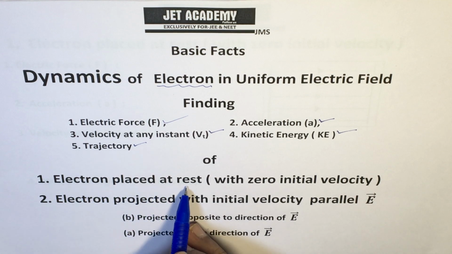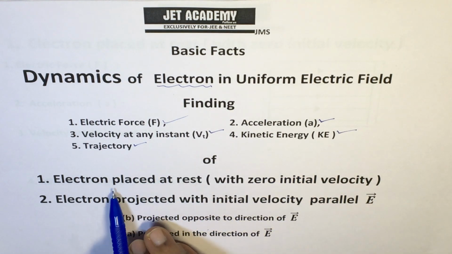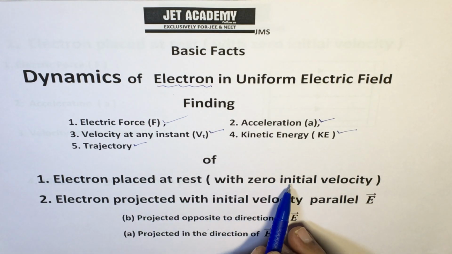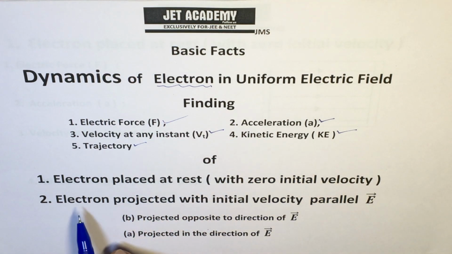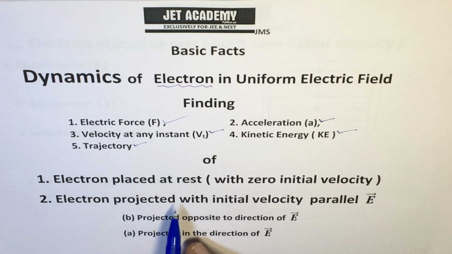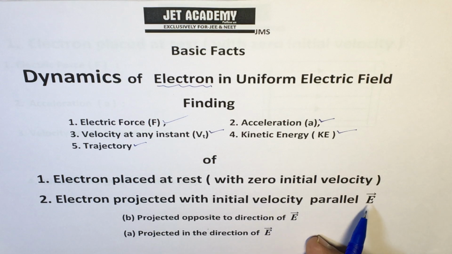Electron placed at rest. First, we are going to keep the given electron at rest, that is with zero initial velocity, and we will find all these things. Similarly, in the second situation, we will project or inject an electron, or an electron is traveling inside a uniform electric field with a certain initial velocity, and once it enters, we are going to understand in this session that it travels parallel to the electric field.